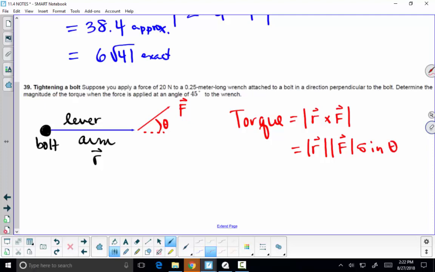So that's how we define torque. R cross F: in this particular case, the cross product is going into the board, so we're tightening it.